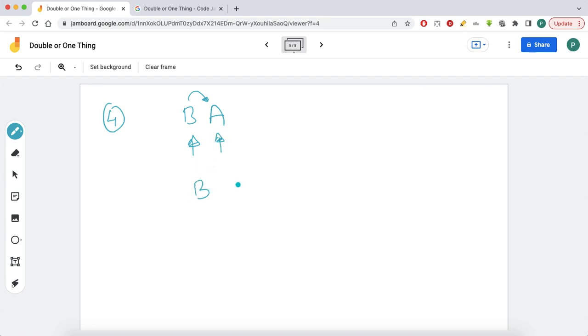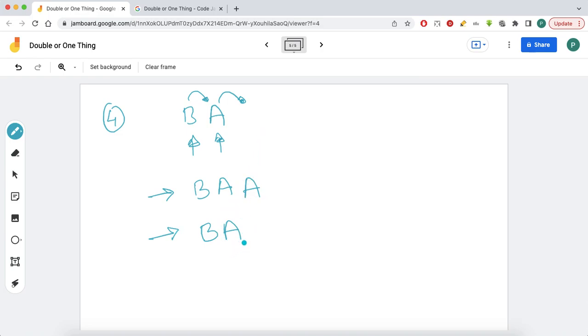Now we are at the last character. There is no character ahead of this. So what should we do? Again, for this character we have two choices, either to repeat it or not to repeat it. So these are the two strings we are getting.